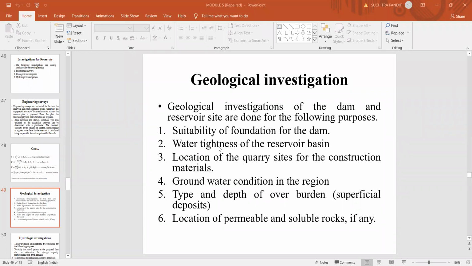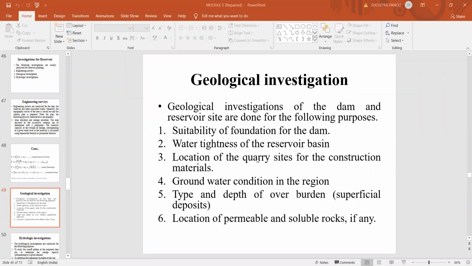Because if the area is very weak, then what will happen? Whatever water is stored on the upstream side will be wasted in deep percolation under the body of the reservoir. Also, the location of the quarry sites for the construction material, because reservoir construction requires a large number of materials.